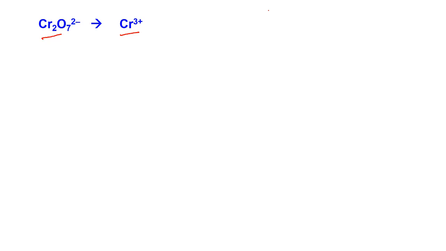Right. And now, let's see the second half equation. Okay, we need to compare the oxidation number of chromium atom in dichromate ion and chromium atom in chromium 3 plus ion. If you calculate the oxidation number of chromium atom in dichromate ion, you can see the oxidation number of chromium atom is positive 6. The chromium oxidation number in chromium ion is positive 3.